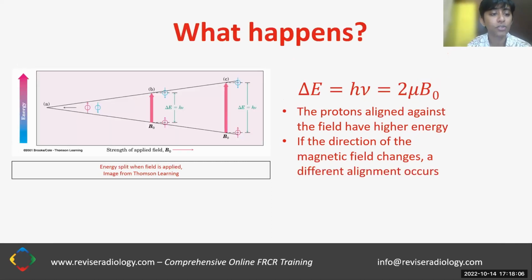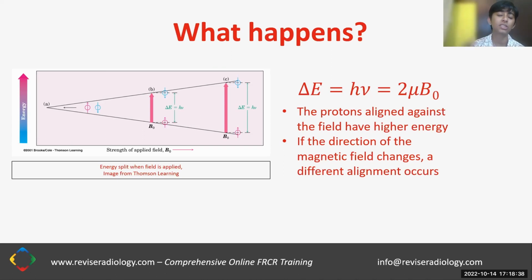If you take a look at the diagram on the left-hand side, you'll see there's a magnet, which is a proton, which is aligned a certain way, and a proton, which is aligned in the opposite way. When the magnetic field is applied, one set of protons aligns with the field where they have lower energy, and another set of protons aligns against the field, and then they have a higher amount of energy, which makes sense, right?